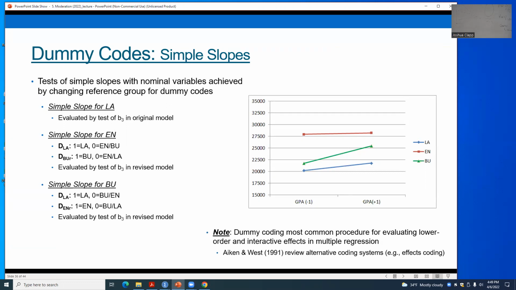And if we do this, once we've gone through and done that, now we start to see differences in slope. We're seeing differences in levels, right?